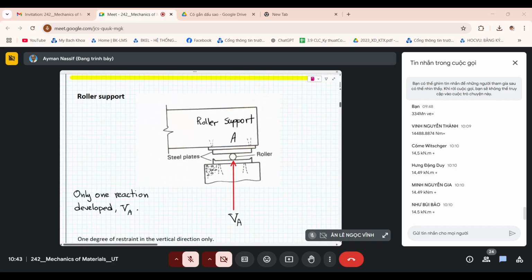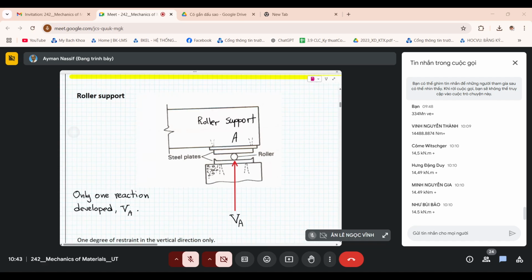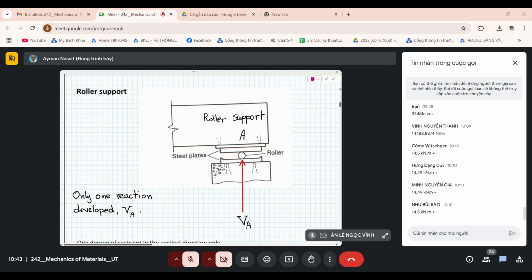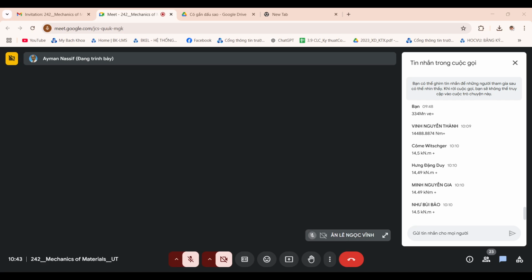You see this quite a lot in bridges, and you can also think about it in buildings and different systems. So this is a roller support. And here, you do not allow vertical movement. So you develop one vertical reaction. And it is free to move on this plane, so you don't allow any horizontal reaction.